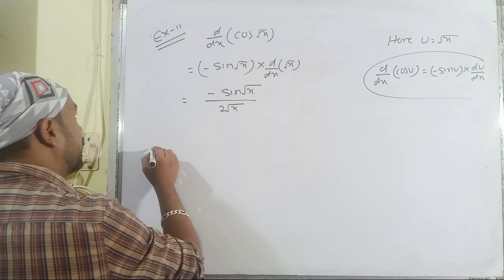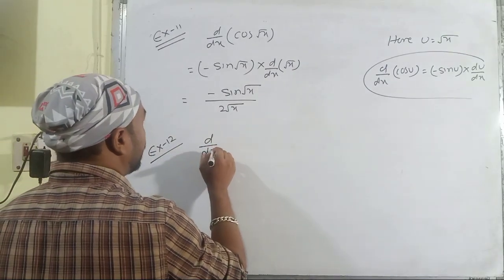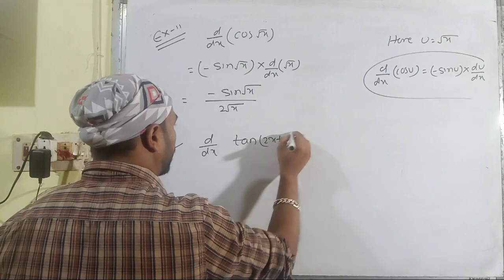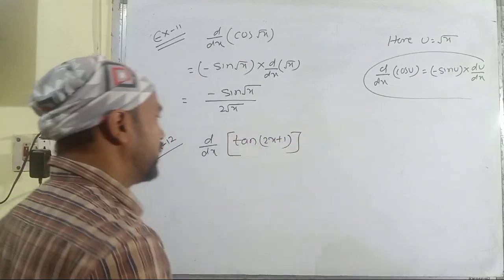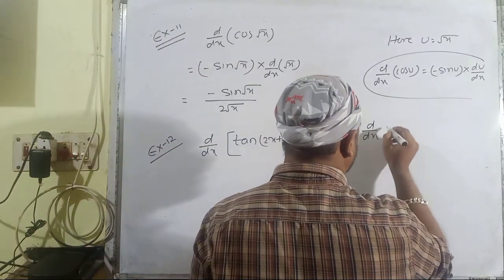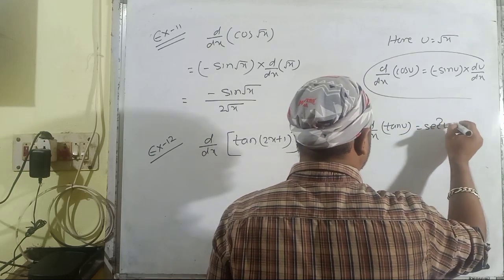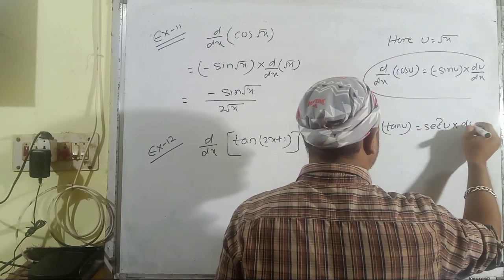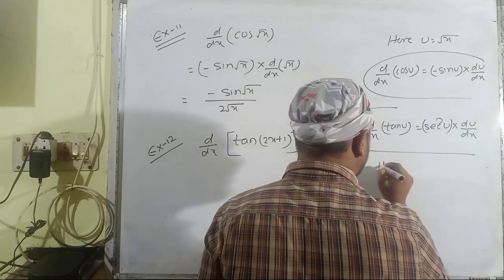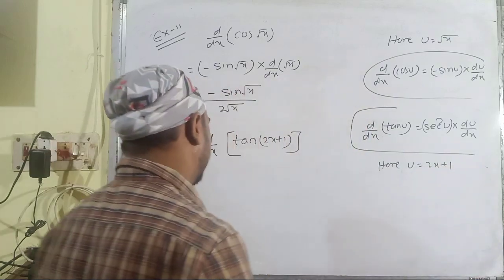Then moving to problem number 12, differentiation of tan 2x plus 1. It is a composite function. So first of all, let us see the formula. Differentiation of tan u is sec square u multiplied with the differentiation of u with respect to x. Here u is equal to 2x plus 1.